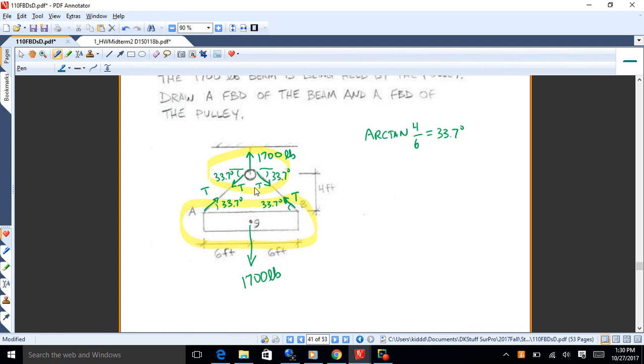Which way those cable forces act depends on what it is you're analyzing. Okay, are there any questions on that? All right.